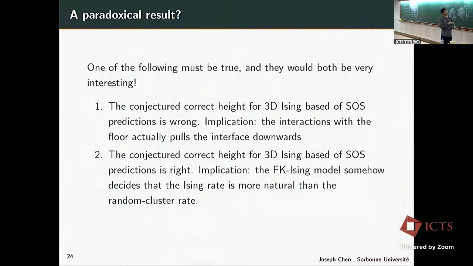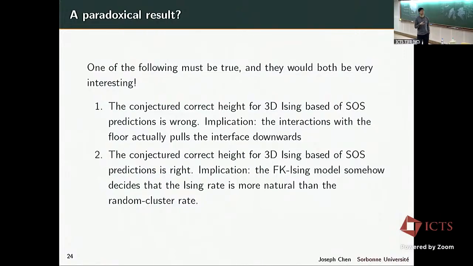Okay, so to summarize, one of these 2 things must be true, and they would both be really fascinating to me. So the first case is simply that this conjectured height is wrong. And that would be interesting because even for Ising, it would be wrong.